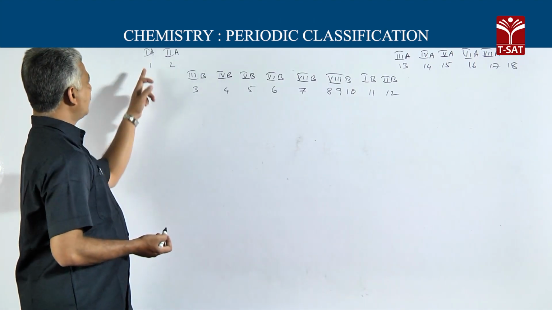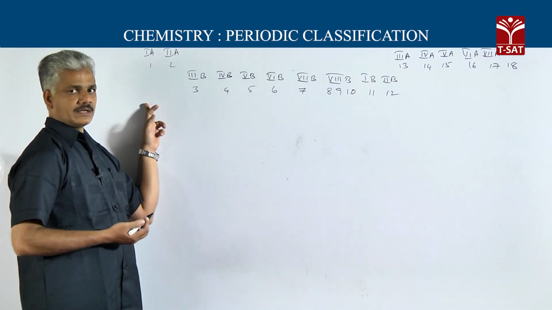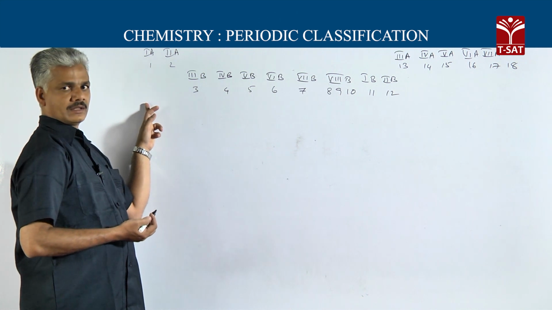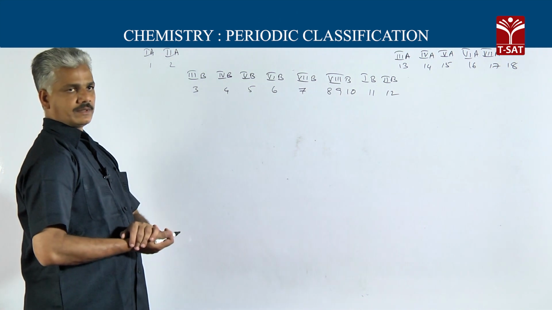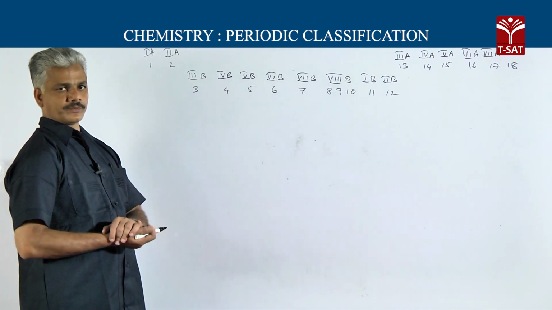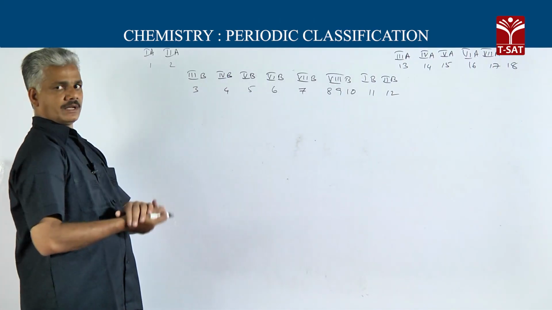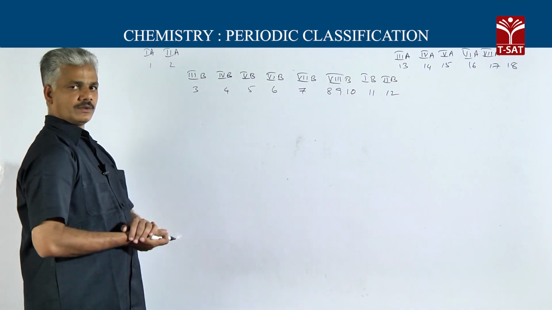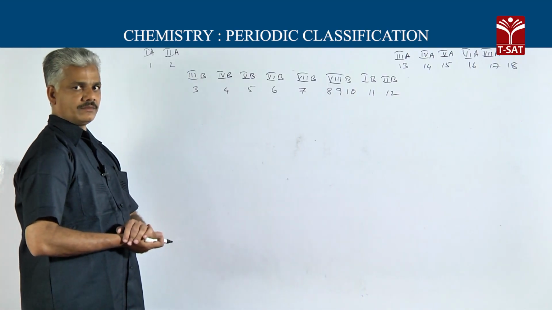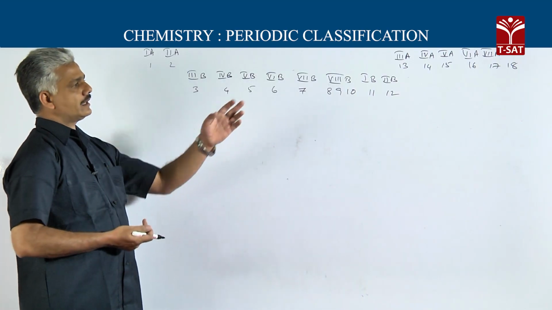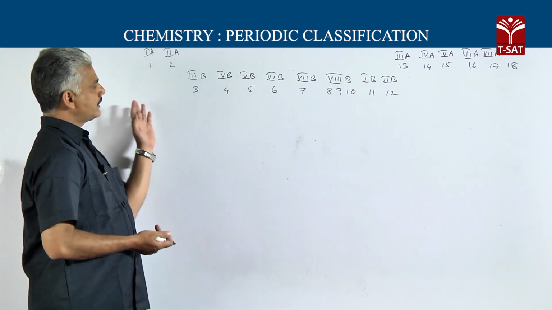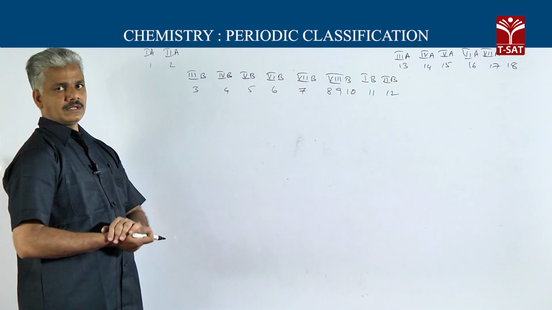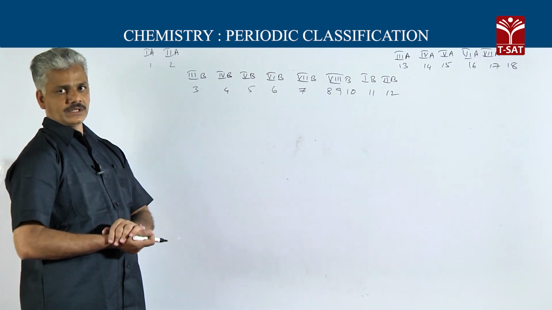Therefore, in first A group, the first element's atomic number will be 1 and the last element in the first period will be 2. In the second period, the element belonging to 1A group will have an atomic number of 3 and in 0 group an atomic number of 10. In between, the atomic number increases by 1 unit.